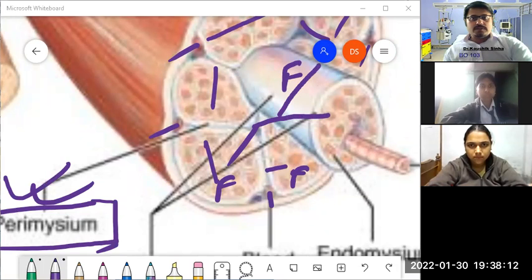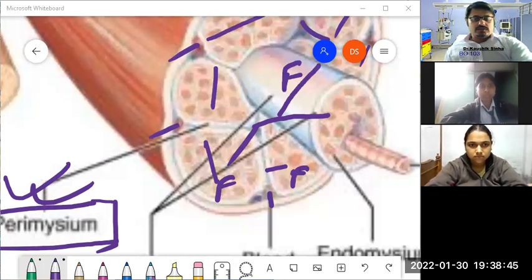If this concept is clear, then we can follow the concept of the dark and the light band. Basically, if you take this individual muscle cell, what you will get is small contractile units, and these small contractile units are technically termed sarcomeres.